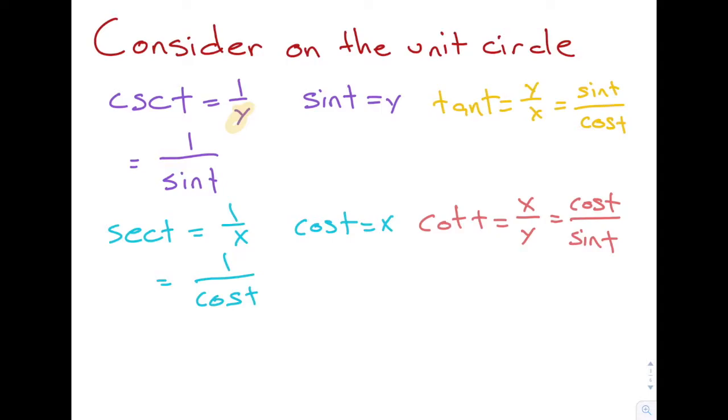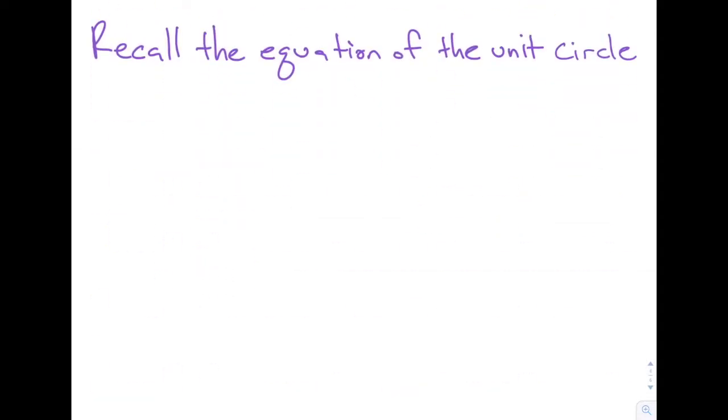Now we'll stay on the unit circle for just a minute longer. Recall the equation for the unit circle. Remember, this is x squared plus y squared equals 1. By the same rationale as what we just did, since cosine of t equals x and sine of t equals y, we can substitute these in.